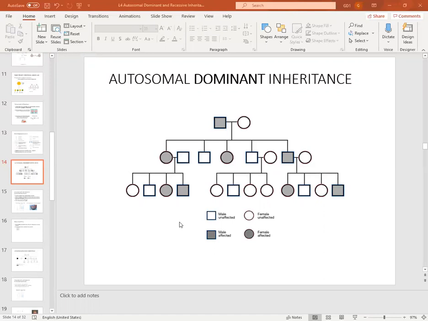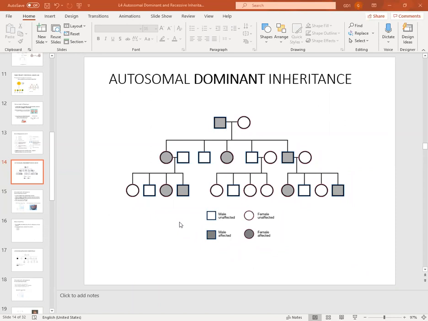But in the man, we have XY, and if there is a mutation in the X chromosome, there is no other copy on the Y chromosome to compensate for the side effect.